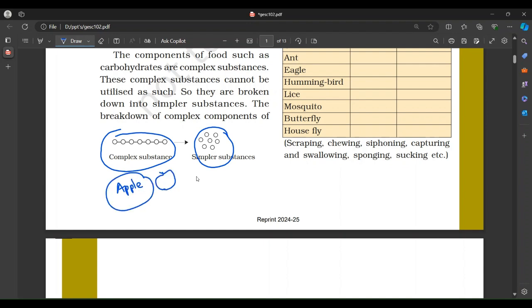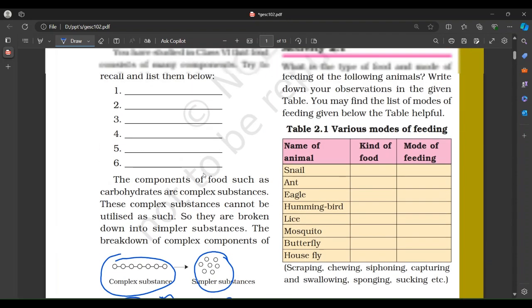We have to make it into pieces to get it digested. We are making the complex form of the apple into pieces, that is the simple form, and that is called digestion. Whatever you are eating, you have to make it into pieces, right? You cannot swallow it like that. That is the process of digestion.